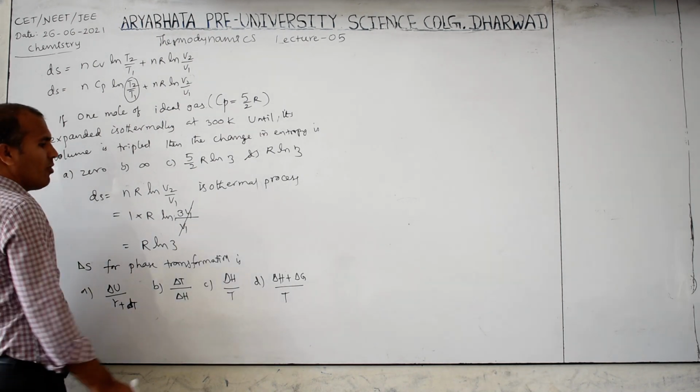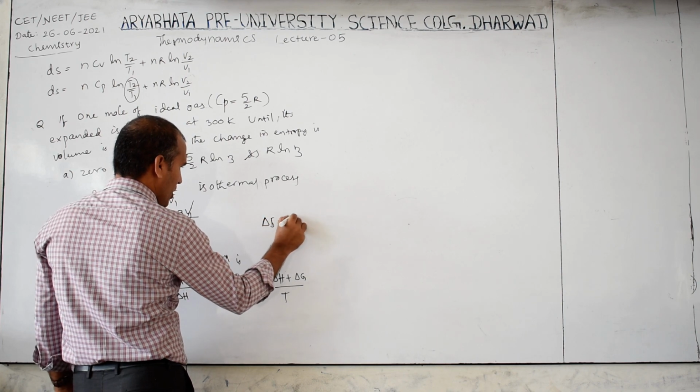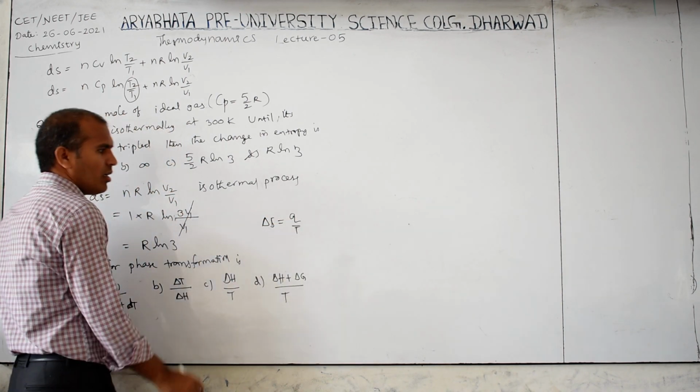Then you know that for a reversible process, delta S is equal to Q by T.